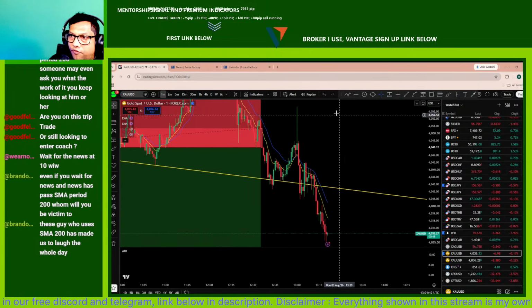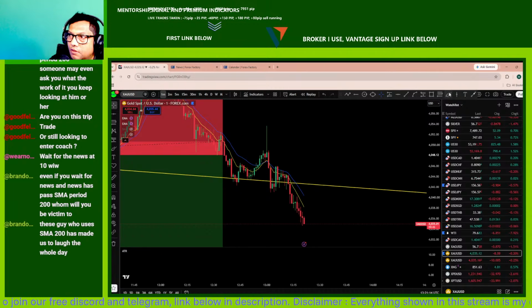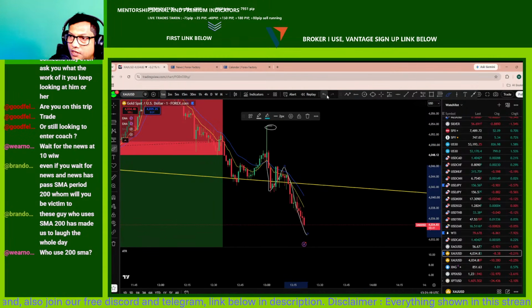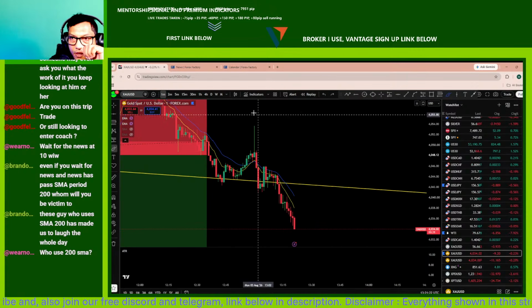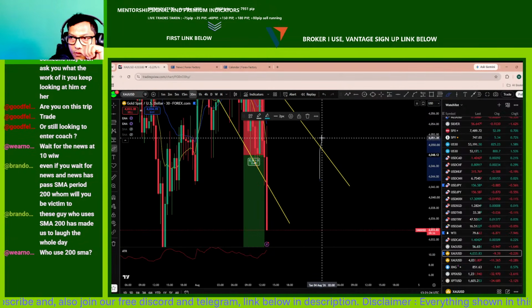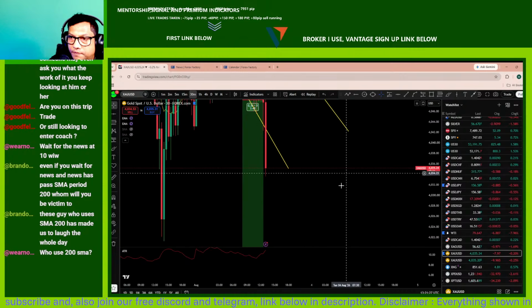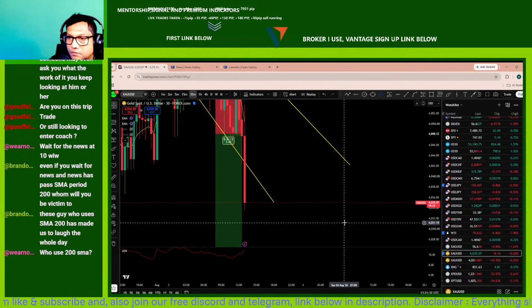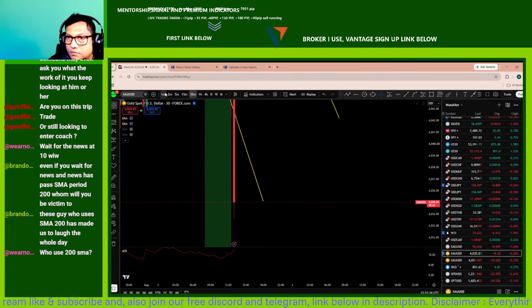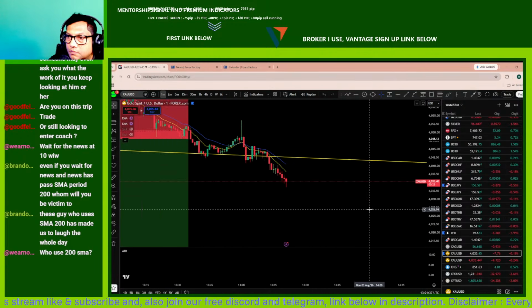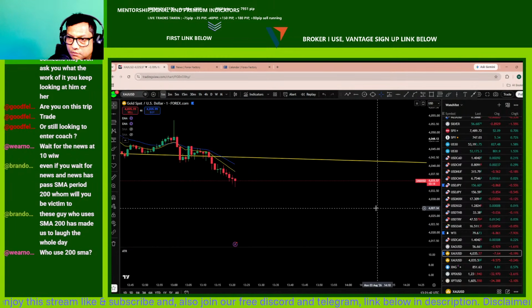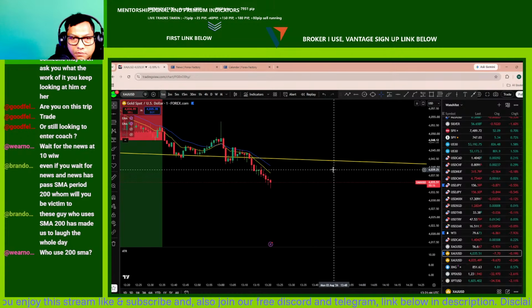We are looking at from this high, from this level to this support pullback, and here is what we can see the market remain in this area.